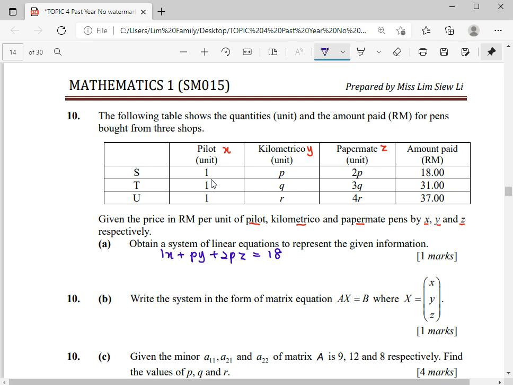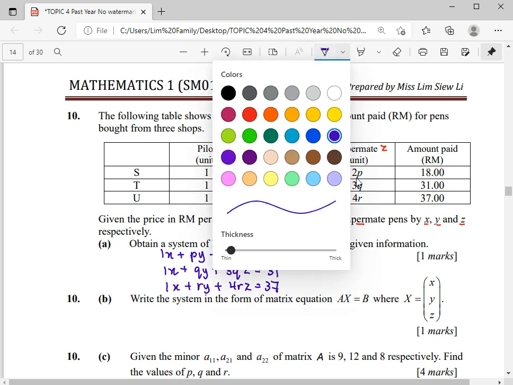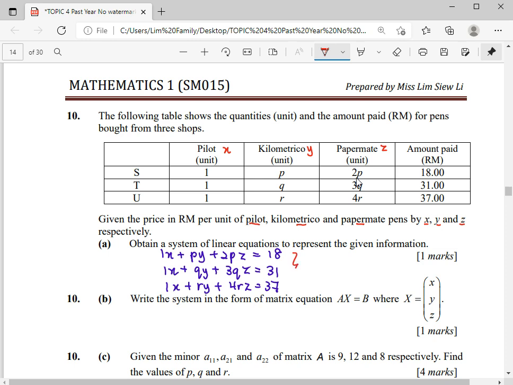Continuing for the second shop, the second equation becomes 1X also plus QY plus 3QZ equals 31 ringgit. The ringgit is what we don't know, and this is the quantity we buy. Then the third: 1X plus RY plus 4RZ equals 37. All of this gives you 1 mark for forming the equations.